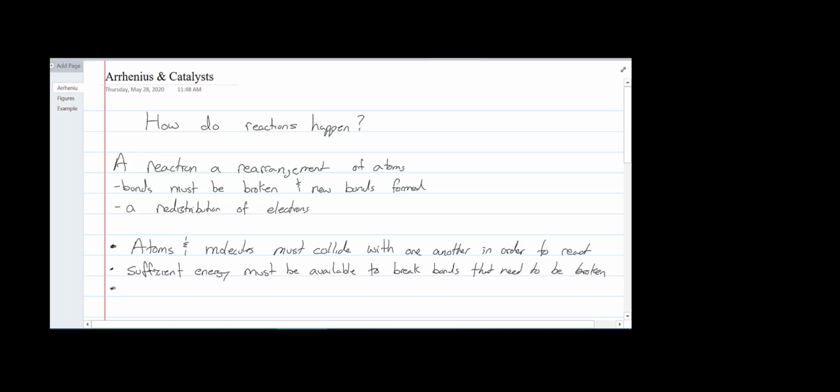The last point, the orientation of the collision must be appropriate. The orientation does matter. So when we're talking about especially bigger molecules, the orientation really matters.